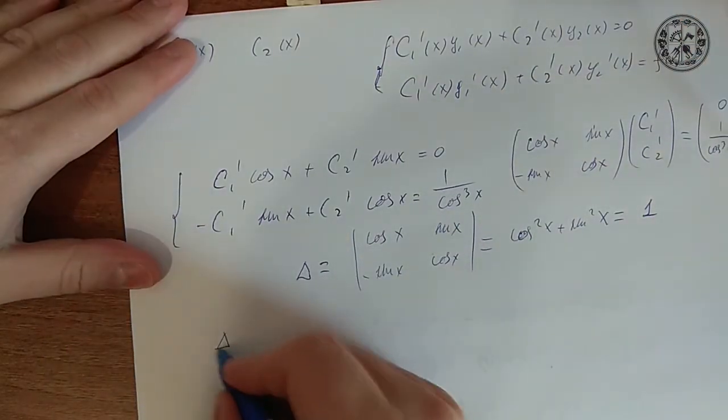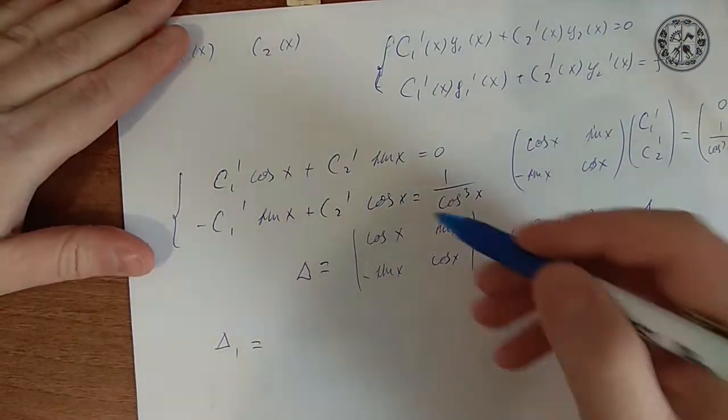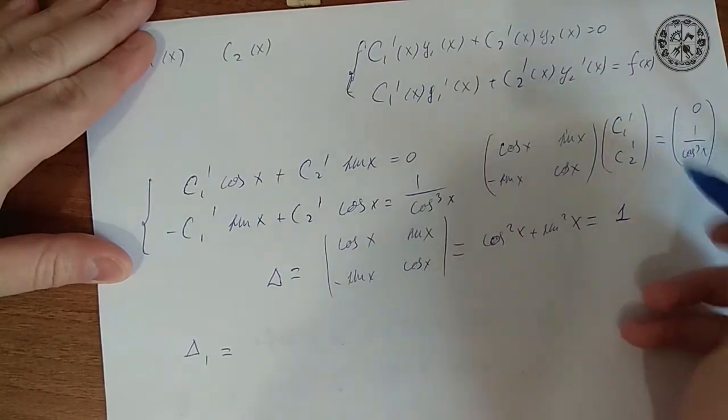Delta 1 is when we substitute the first column with the answer column.